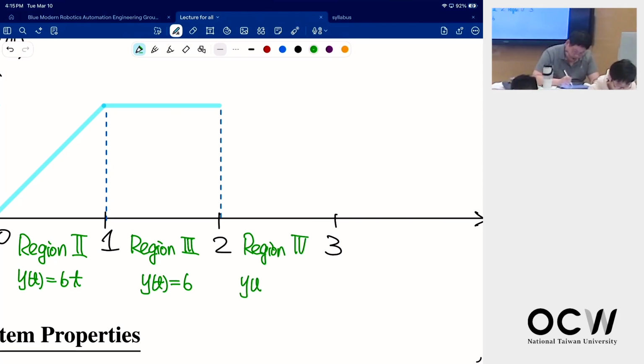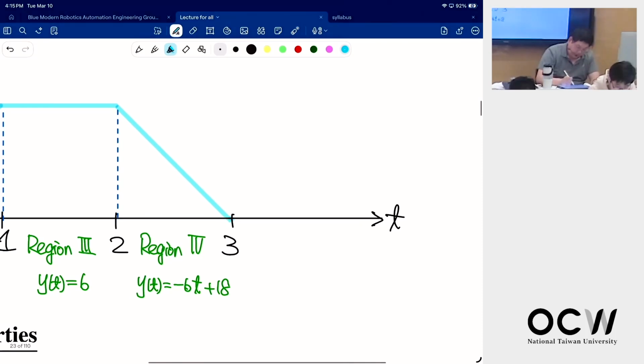So the y is minus 6t plus 18. So when t equals 3, that's 0. So they will go back to 0. And the region 5, no overlap, that's 0.